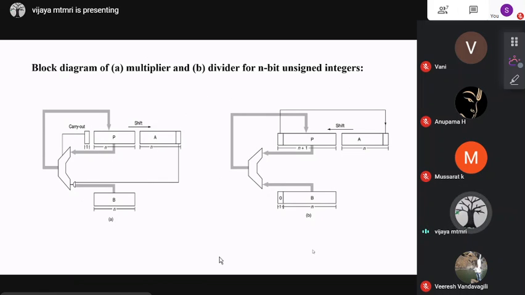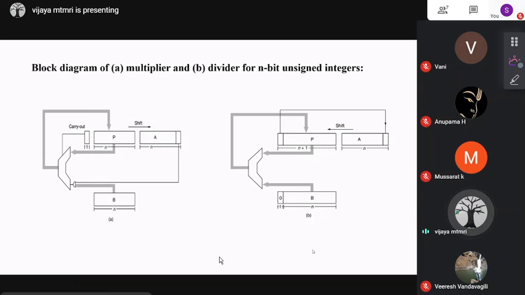Now we will see the divide step. Here in the divide step, four steps are involved. First, shift the register pair p comma a one bit left.